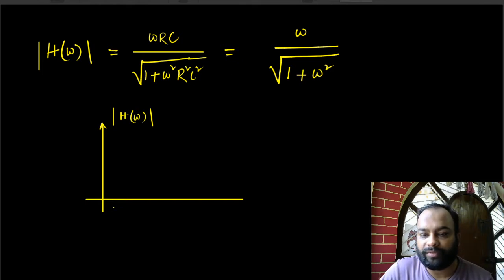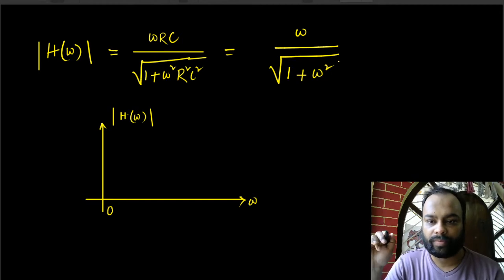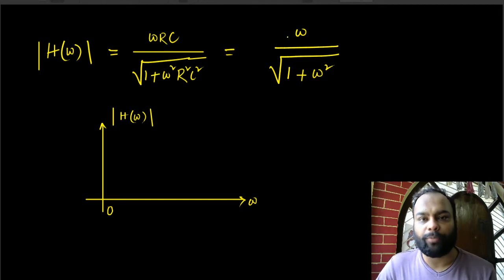Now let's start with a very small frequency, namely a frequency which is close to 0. If I put omega equal to 0, what is the amplitude response? Of course, the result is 0.